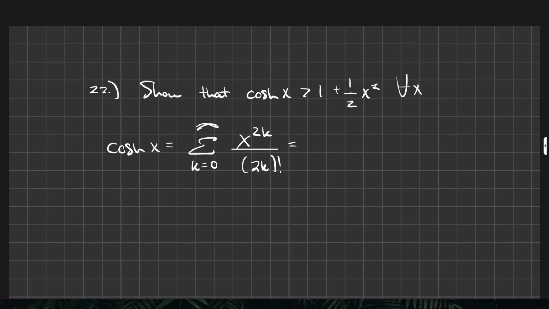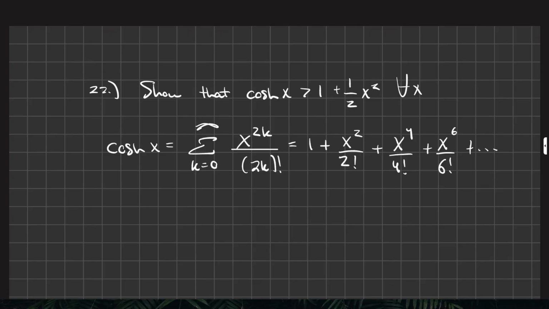And if we looked at a few terms, our first term would be 1 plus x squared over 2 factorial plus x to the 4th over 4 factorial plus x to the 6th over 6 factorial, on and on and on. So the numerator and denominator are doubling. The numerator is doubling its exponents, and the denominator is doubling its factorial terms.